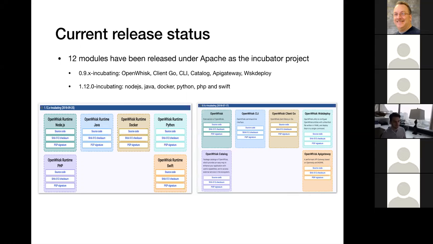Here we can see two snapshots I took from our official OpenWhisk.org website, and we can download all the source code artifacts for all the 12 modules. So we won't go one by one anymore. Thanks everybody for the great work. Thank you so much for the great efforts and participation in this open source project.